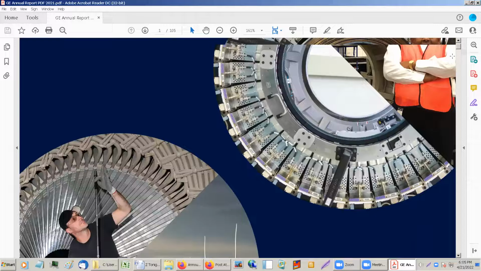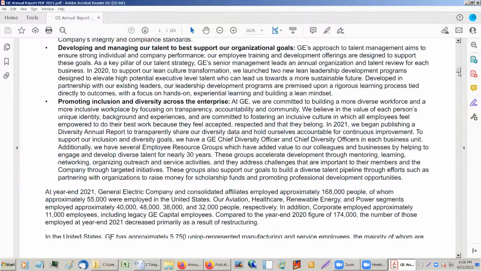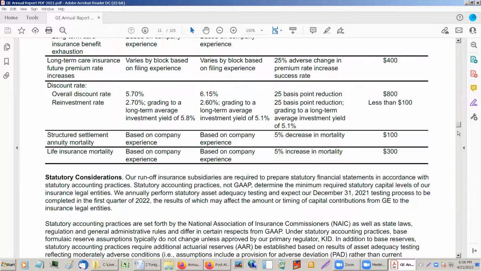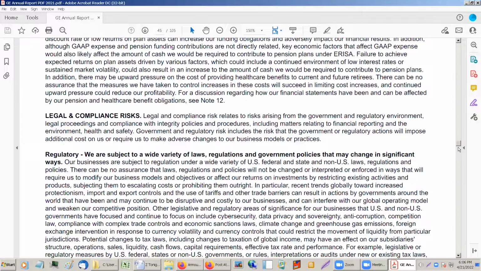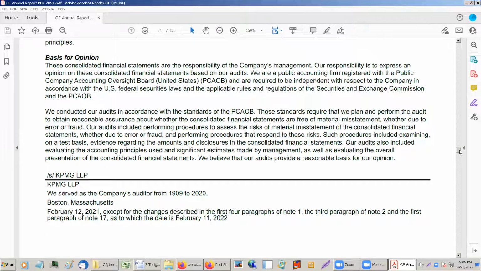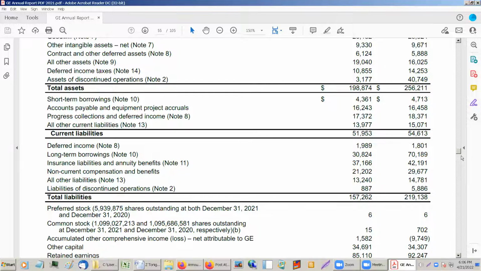Okay, so I gotta move some stuff here. So if you go to the bottom, you can see all the people that are, and by the way, these are made at a very high level. If you go about halfway down, maybe a little more in this case, you'll find the financial statements.